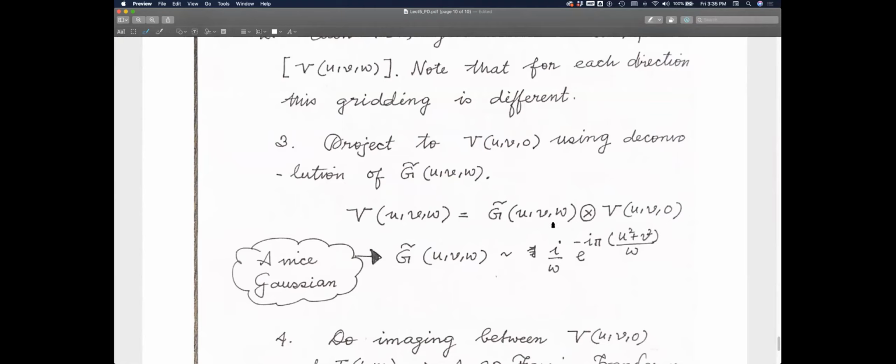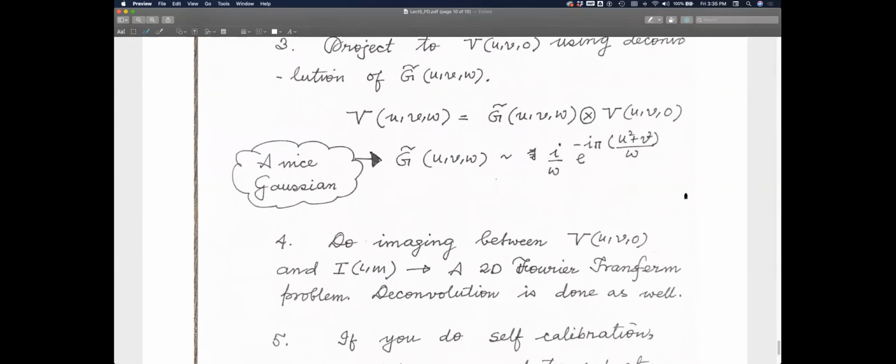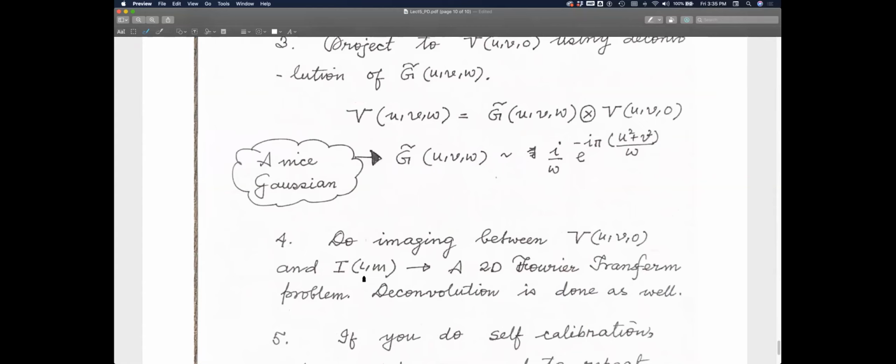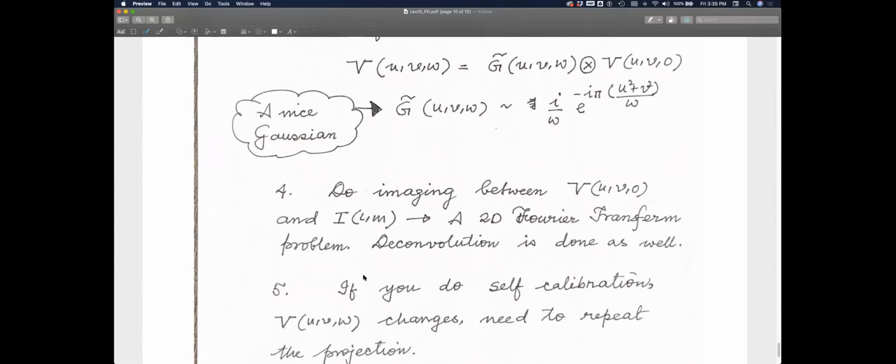But it's deconvolution by G tilde, which, if you work it out, will become a function like this, which is nothing but a complex Gaussian. And a complex Gaussian is the nicest function with which you can do deconvolution almost accurately. So you can project these visibilities, which are measured in that baseline grid, to that w-projected plane, which is this one. And now between this and I(l, m) is a Fourier transform relation. So you do all your Fourier transform and deconvolution between these.